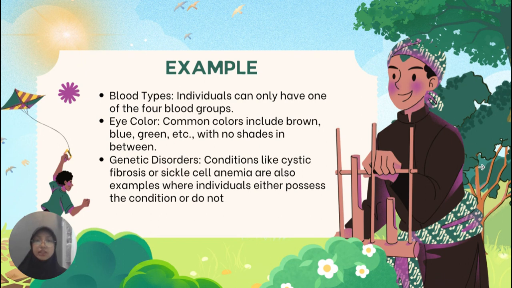Common colors include brown, blue, green, and every person in the world has an eye color with no shades in between. Like me, my eye color is brown. And the last is genetic disorders. These are conditions like cystic fibrosis or sickle cell anemia, which are also examples where individuals either possess the condition or do not.